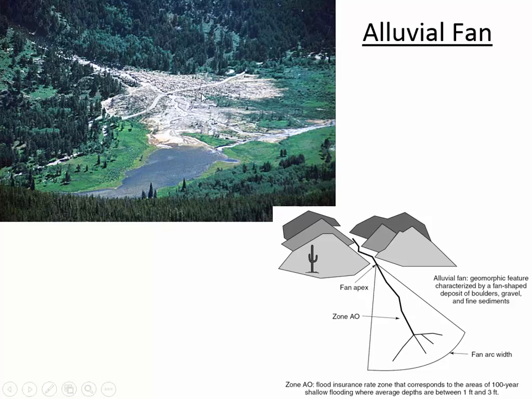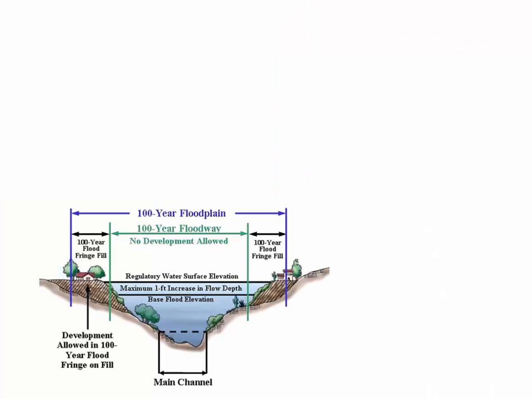When you get to the valley, the slope decreases, the velocity of the water slows down, and so the water isn't able to maintain the same sediment load as it was before, and so it sort of discharges all of those sediments onto the valley floor at the mouth of a canyon. So this is an illustration of an alluvial fan and how that sediment transport effect works.